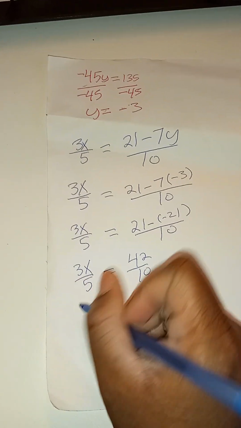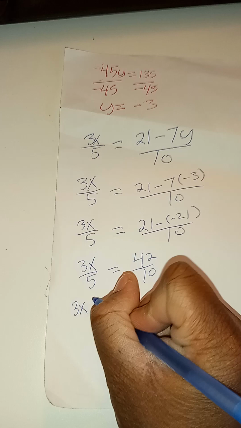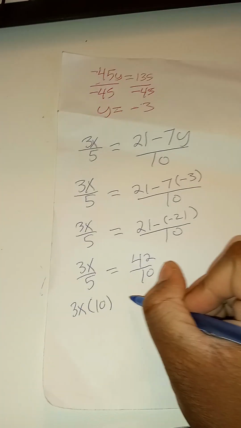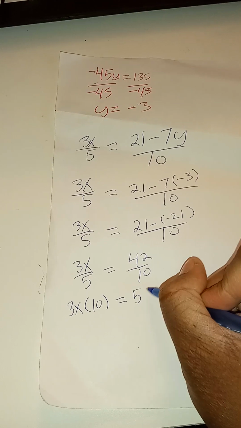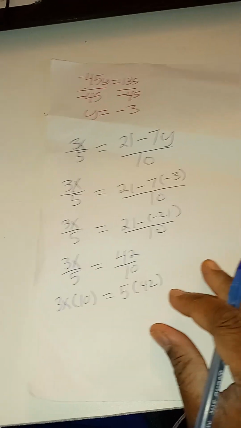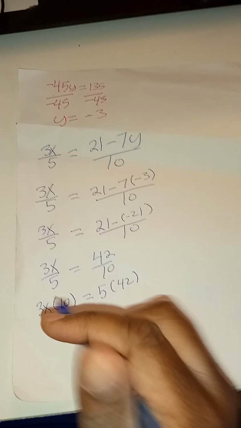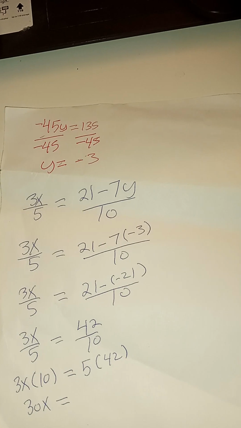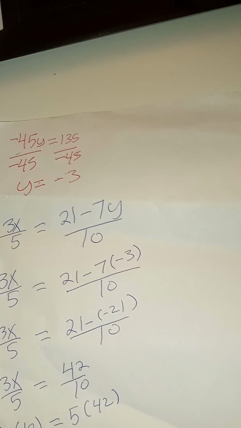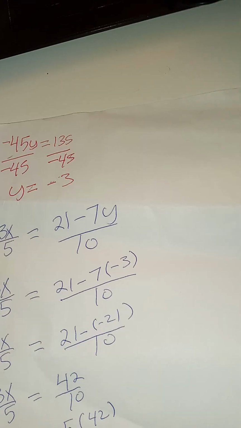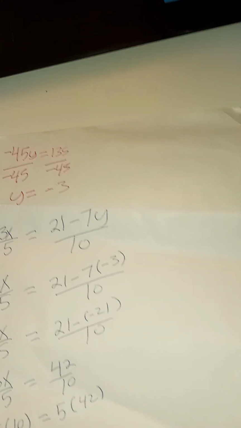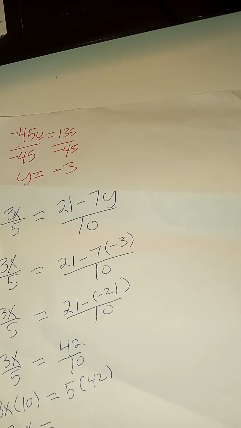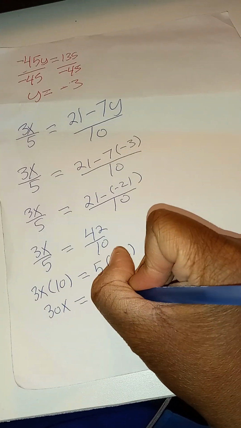So we can cross multiply. 3x times 10 is equal to 5 times 42. So we're going to obtain 30x is equal to 5 times 42, which is going to consist of 210.